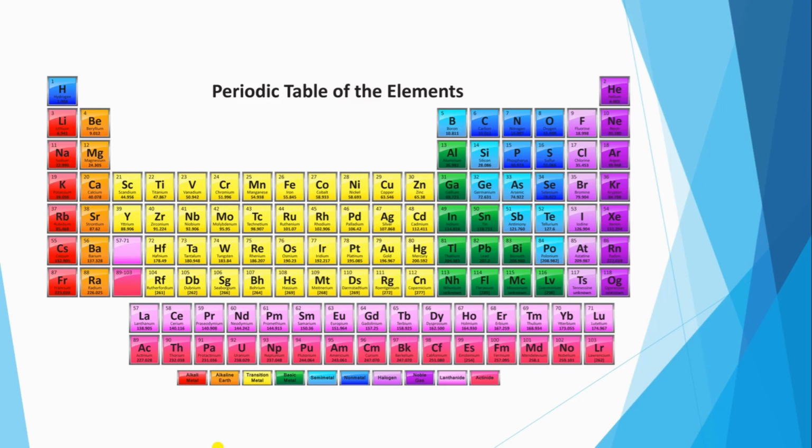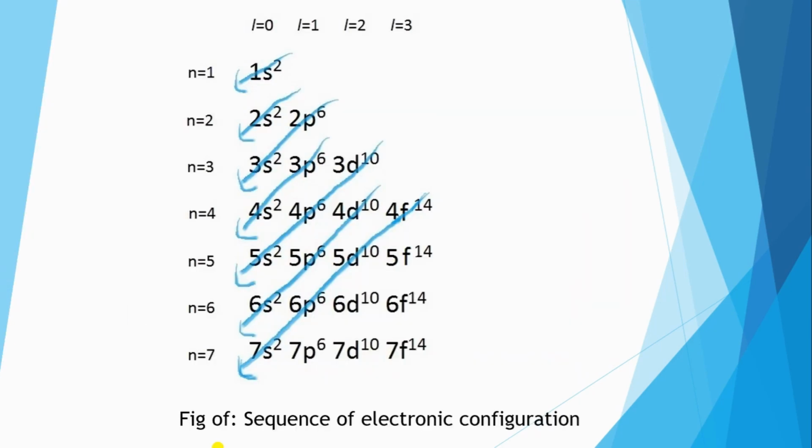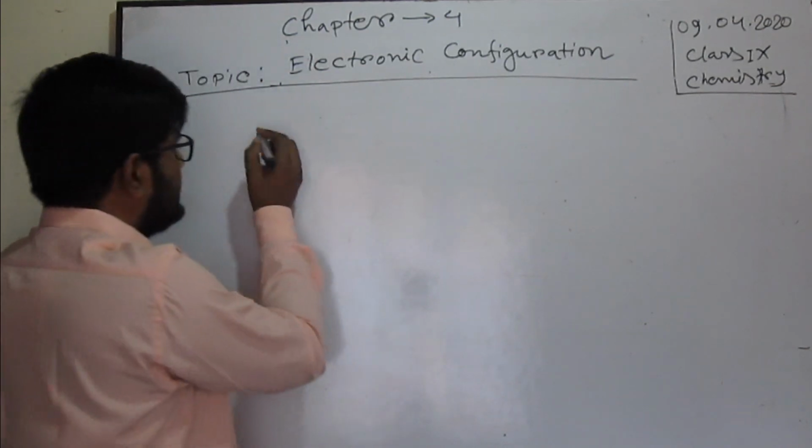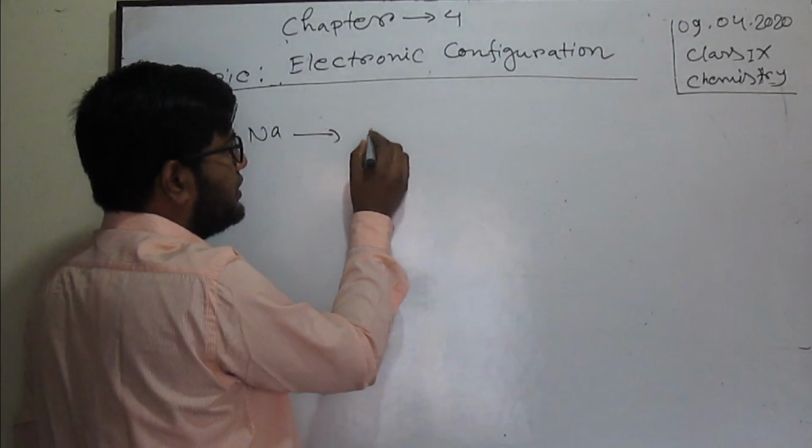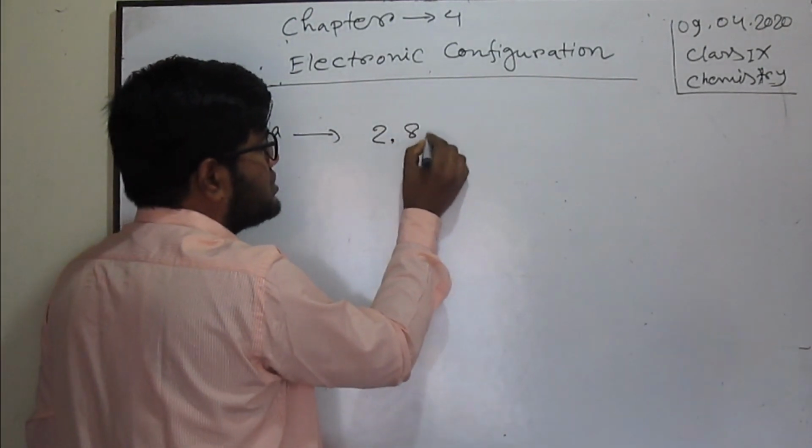So observe my next slide. Here, how can we write electronic configuration? This is the procedure. You can see the sequence of electronic configuration: 1s, 2s, 2p. When you were in class 8, for sodium you wrote the electronic configuration like this way, 2, 8, 1.